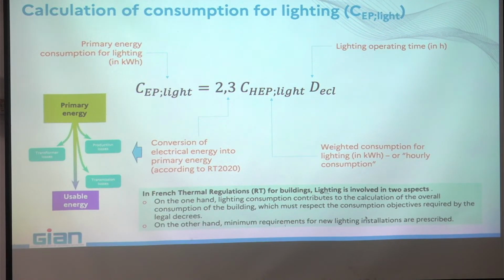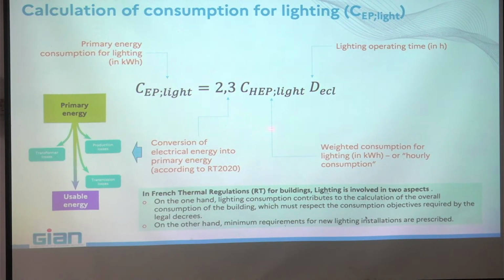You have, before building the building, to calculate how much energy this building will spend, and if you are above some limits, then the government, the regional or national government, can deny the authorization to build.